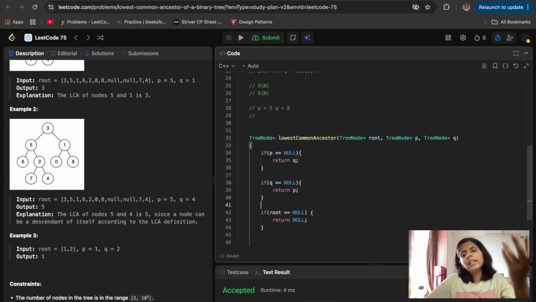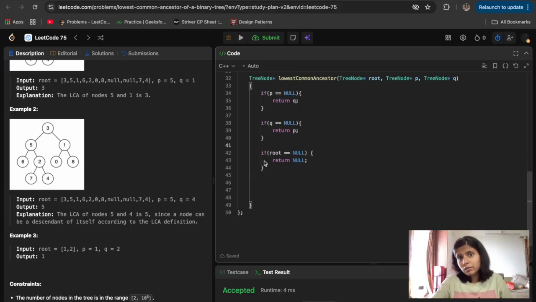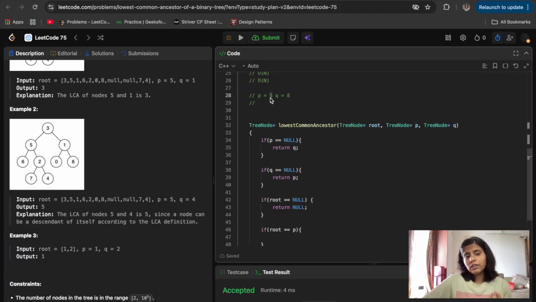Now we will check it. If my root is null, then I can't go further. What if my root node is P? I am at P. Taking this example of 5, if I go first to the left, the root shifts to the left and it is 5, and P itself is 5, so now both are equal.